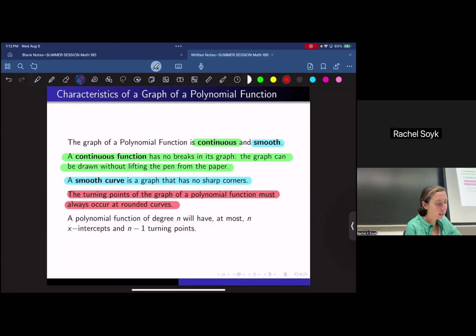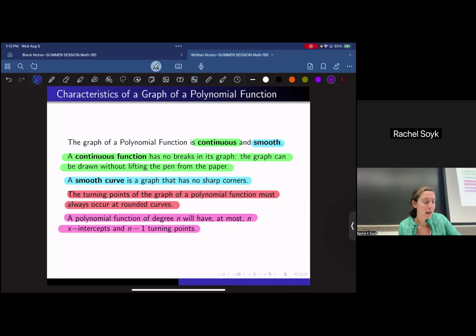Finally, a polynomial function of degree n will have at most n x-intercepts and n minus 1 turning points. The n minus 1 turning points also really help with determining how many humps you have.